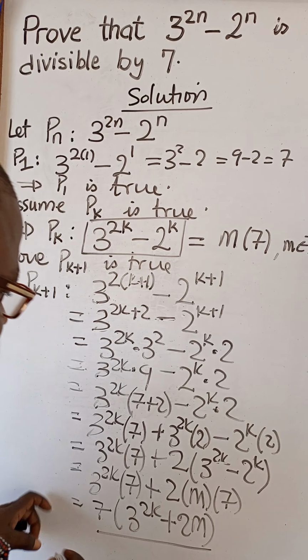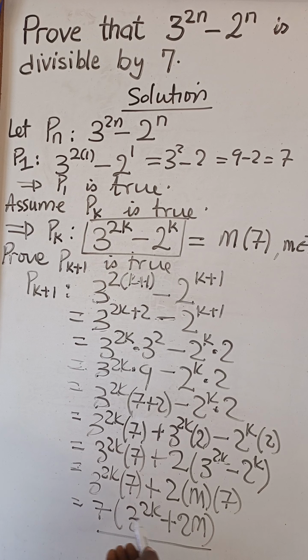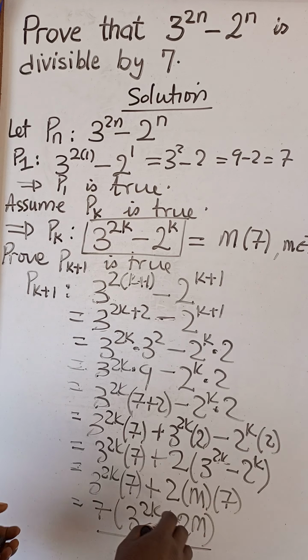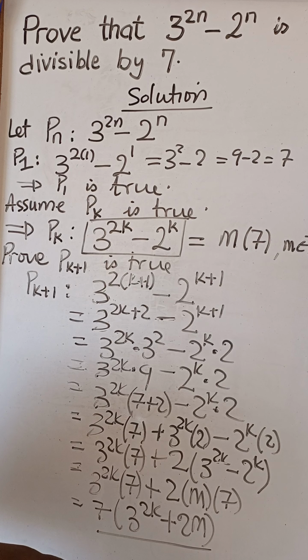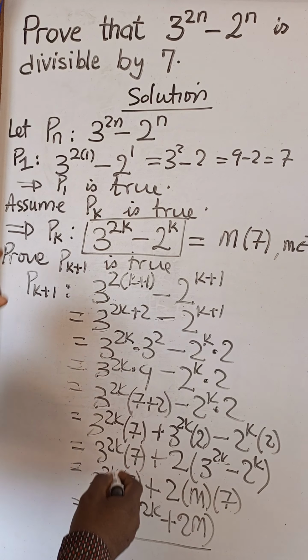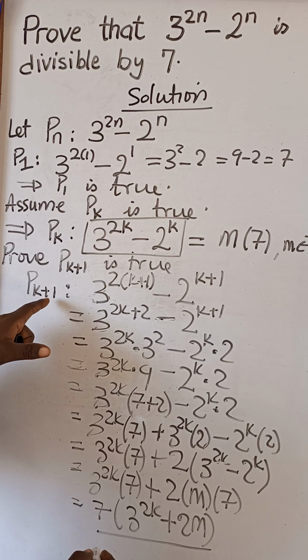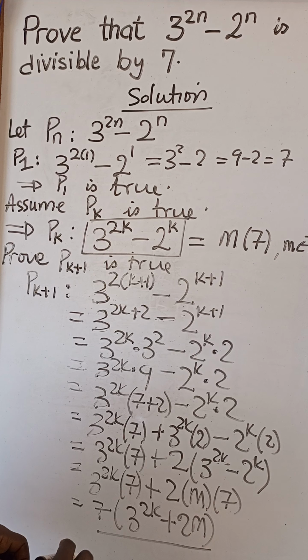What can we say about this statement? Clearly it is divisible by 7, because this long expression is multiplied by 7. If we divide this by 7, we get an expression which is an integer, a whole number. So we have demonstrated that the statement Pk plus 1 is divisible by 7.